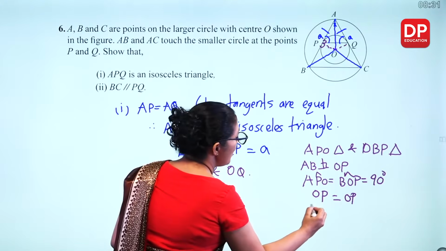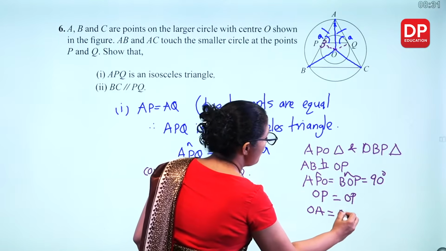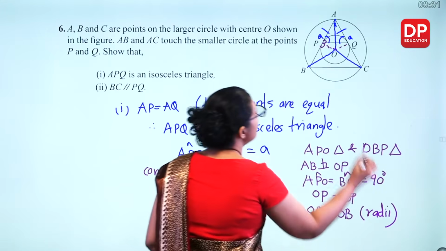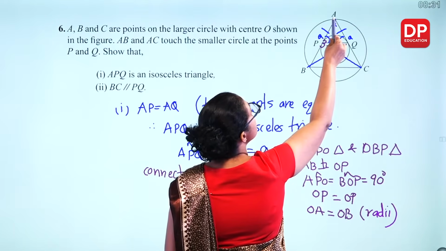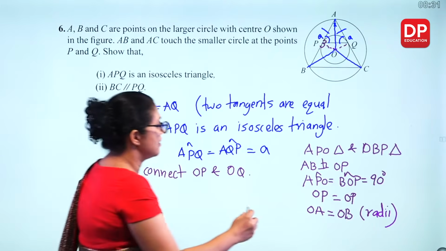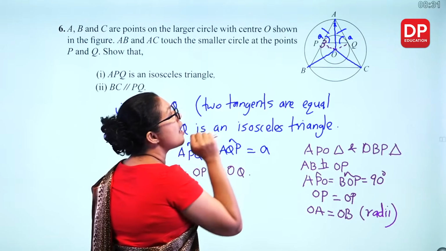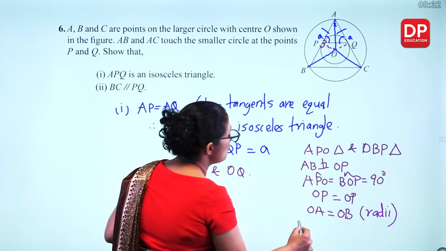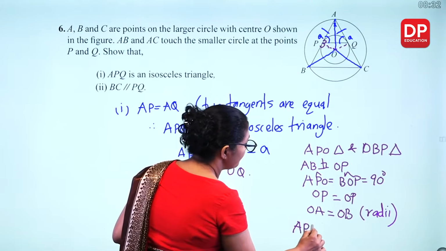And we know OA is equal to OB because of radii. So this is the right angle triangle and the hypotenuse and one side equal. These two triangles are congruent.